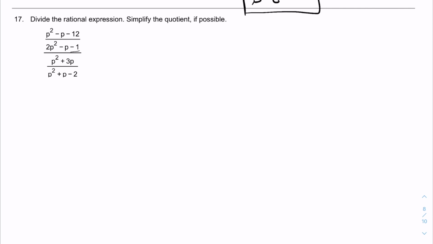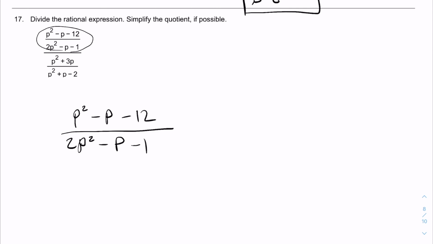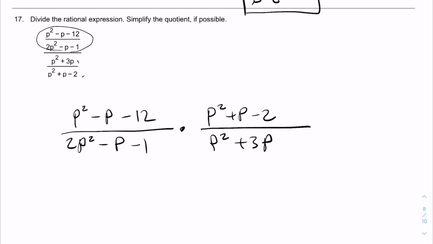Look at the numerator: p squared minus p minus 12 over 2p squared minus p minus 1, multiplied by the reciprocal of the denominator. So there's the numerator now, p squared plus p minus 2, and now there's your denominator, p squared plus 3p. So now we need to factor so we can reduce.